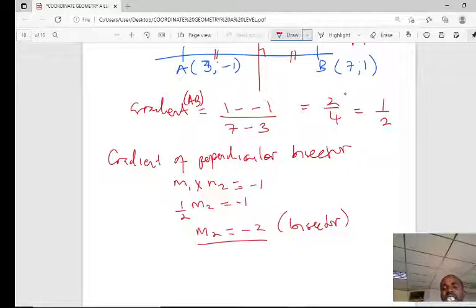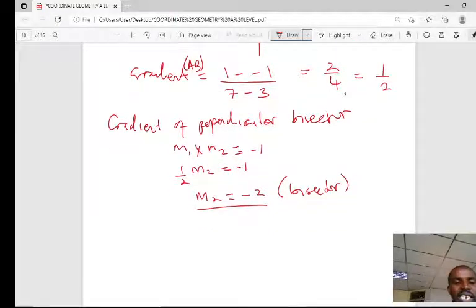Right. Then this one is the perpendicular bisector, which means it bisects the line AB into two equal parts, which means the point where this line meets the line AB must be the midpoint of the line AB. So we also have to find the coordinates of the midpoint of AB.